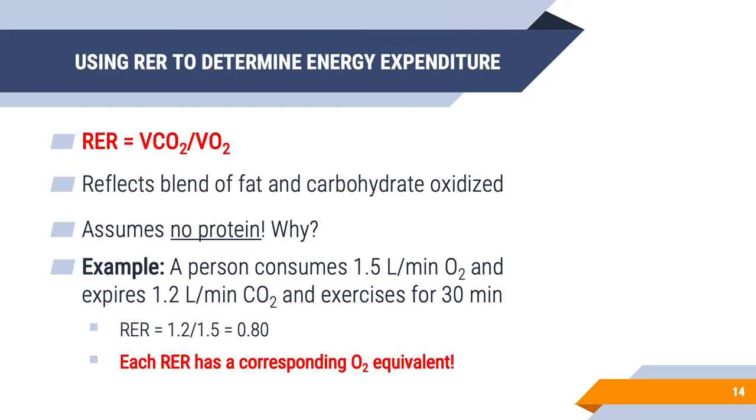That's where we turn to something called the respiratory exchange ratio, or RER, which we calculate as VCO2 divided by VO2, or carbon dioxide production divided by oxygen consumption.